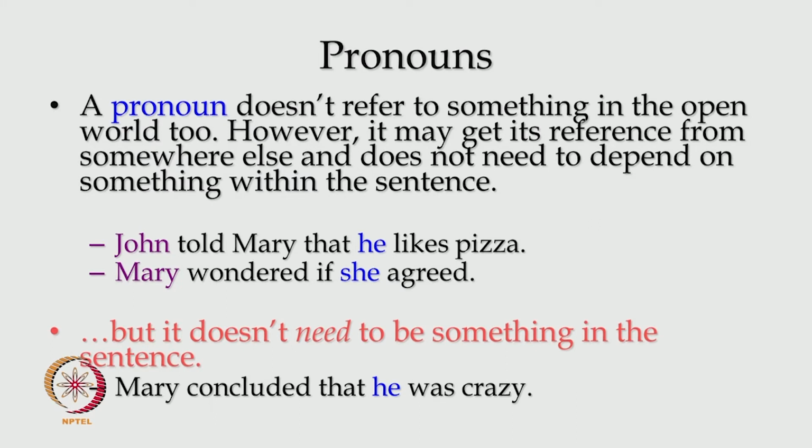For example, in other words, a pronoun doesn't refer to something in the open world. That's the first feature of a pronoun. Okay? It doesn't refer to something in the open world. That is, it's strikingly different from R-expressions. Right? When we say John thinks he is intelligent, right?